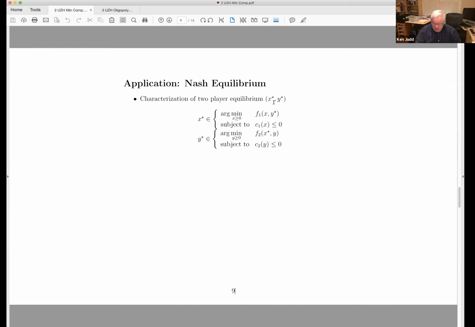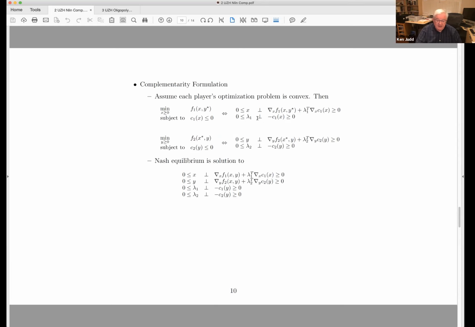Now, with Nash equilibria, firm 1 wants to maximize its profit, given what the other guy does, and also subject to some cost constraint. And so each player's optimization problem then is a nonlinear complementarity problem.